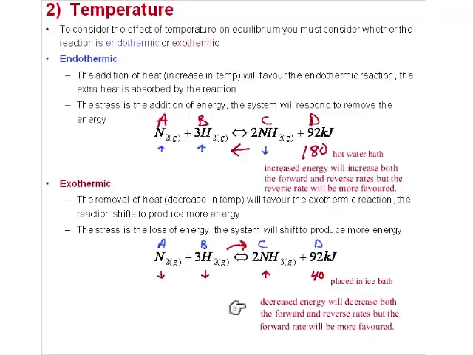Collision theory would say, all right, we just decreased the energy, we're going to slow down all the collisions now. Every single collision here is going to be slower with less energy. And we're saying, yeah, okay, but the fact of the matter is the forward and reverse rates are going to be slowed down, but the forward rate is going to be more favored because it's going to be producing that energy. It's not going to be slowed down as much as the reverse.